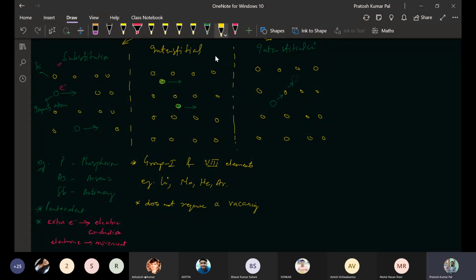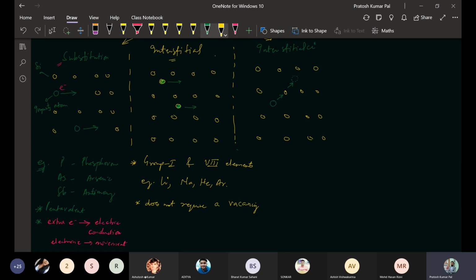Okay, so it does not require any vacancy to make this type of interstitial diffusion. In this interstitial diffusion, it has a subclass, where sometimes it shows both natures. So this interstitial is having a subclass.